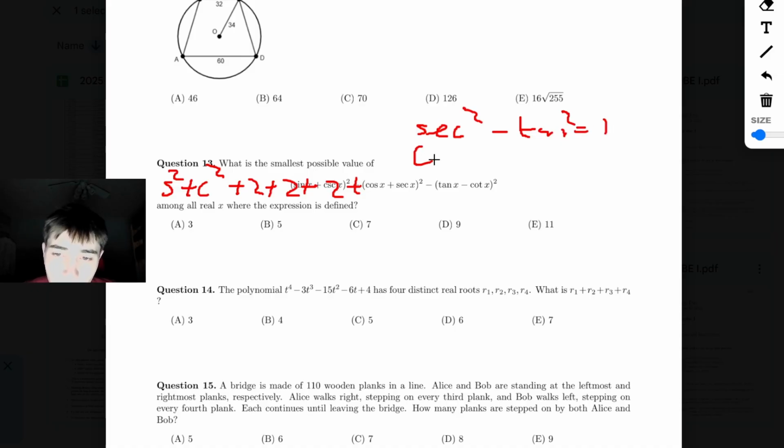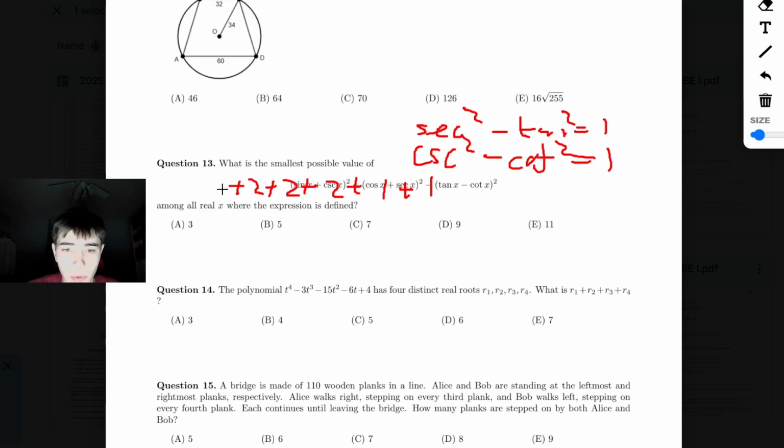And we were just verifying that cosecant squared minus cotangent squared equals 1 too, which is true. So we're going to add 1 for both of those as well. Sine squared plus cosine squared, we already know, is equal to 1. Cool. So what does this all add up to? It simplifies nice and neat to 9, right?